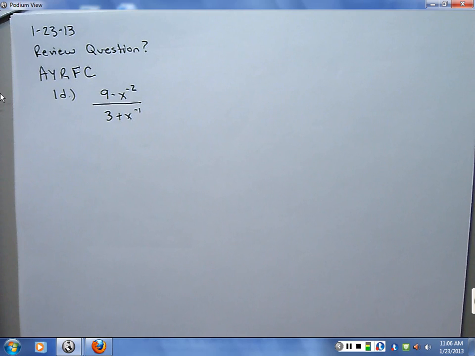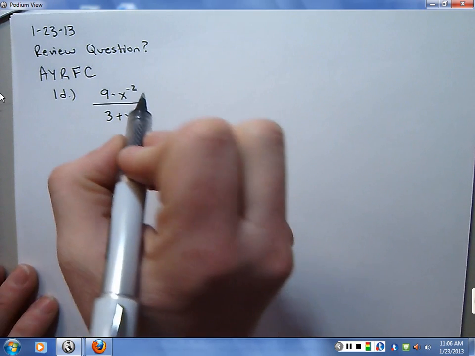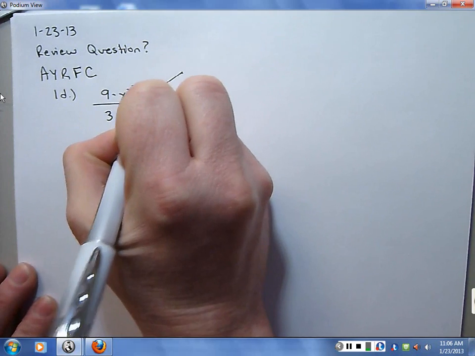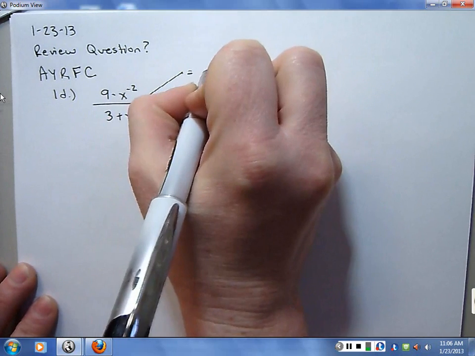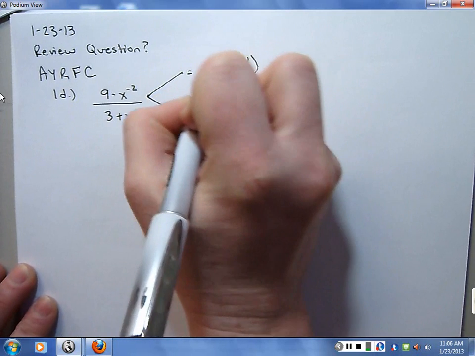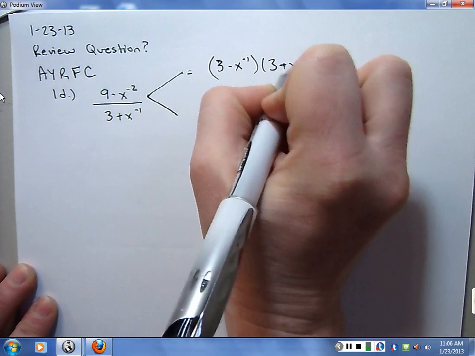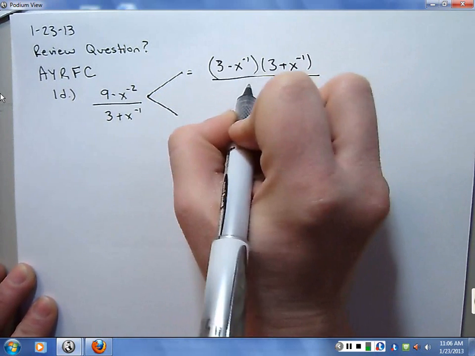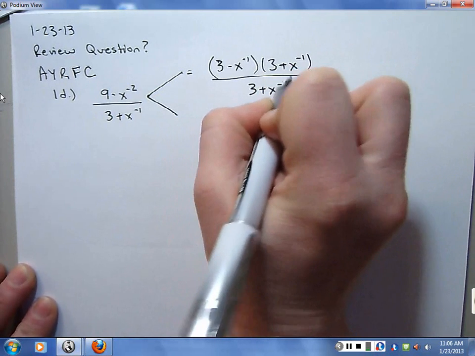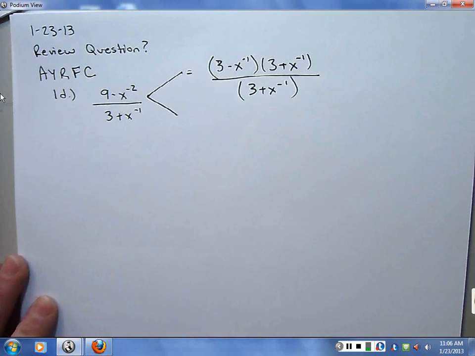You have a difference of squares on top. You could rearrange it if you just like dealing with fractions. Difference of squares is probably going to be the fastest attempt. So this would be 3 minus x to the minus 1, 3 plus x to the minus 1, over 3 plus x to the minus 1. So the 3 plus x to the minus 1s are going to cancel.